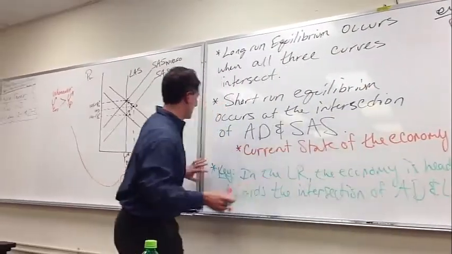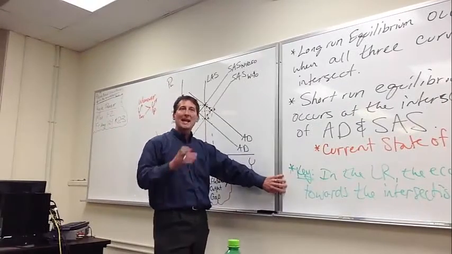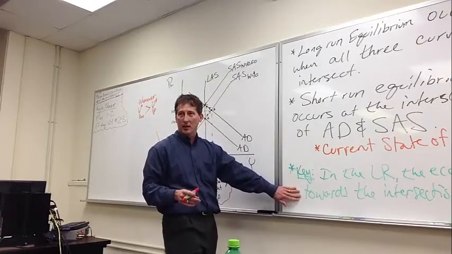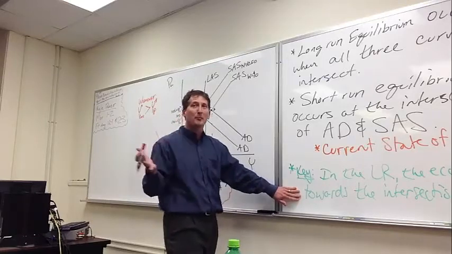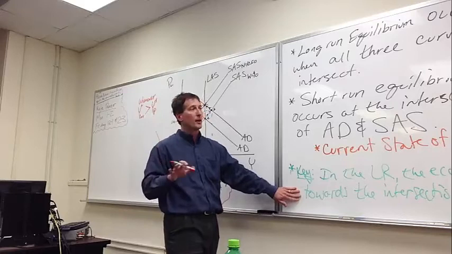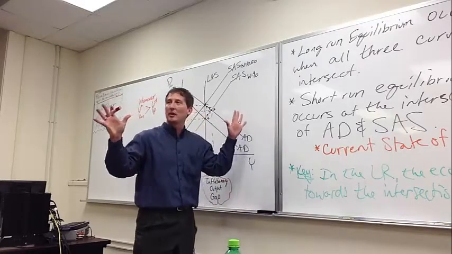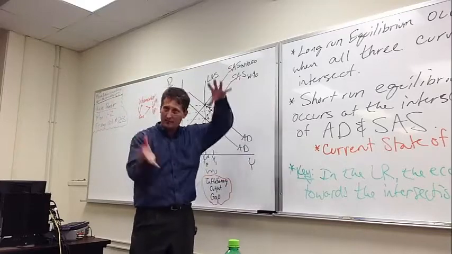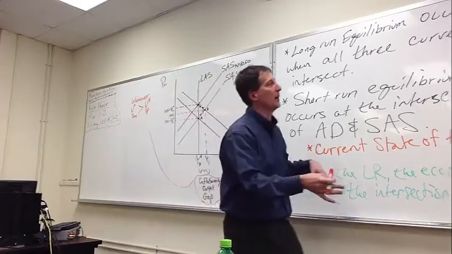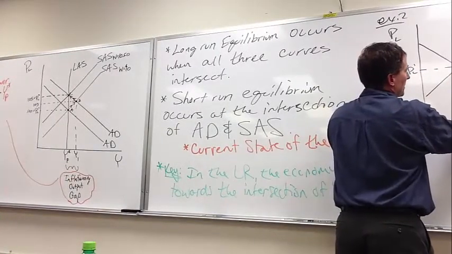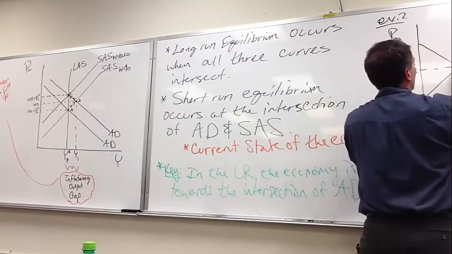So in the long run, we're always headed towards the intersection of aggregate demand and long-run aggregate supply, unless there's a shifter, one of the C plus I plus G plus X that we went through. But if we just leave things alone, Adam Smith style, hands off, let things work themselves out, the natural adjustment would be to move to here.